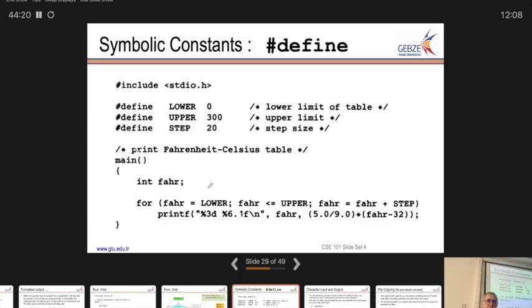So far is equal to lower, far is less than upper, and step. So this allows you to easy change whatever variables necessary at the top. For complex programs where you use those things in different places, that is very nice. Because usually you change 2 of them, you don't change the rest.